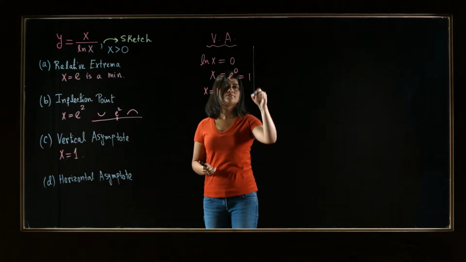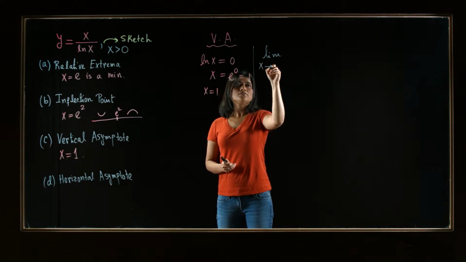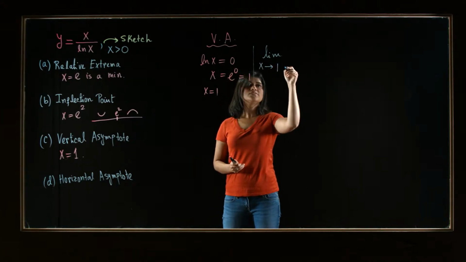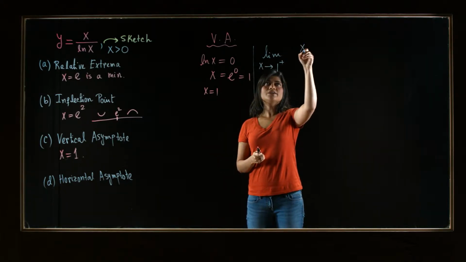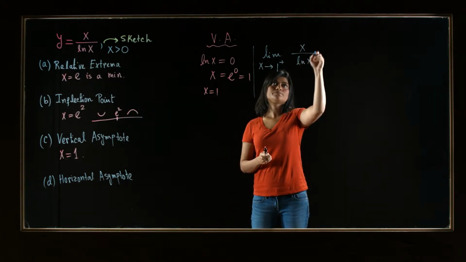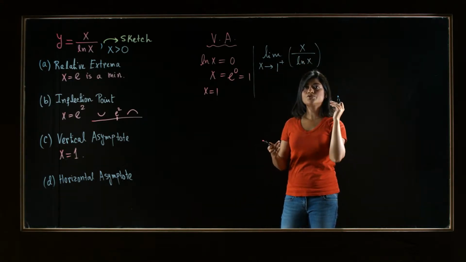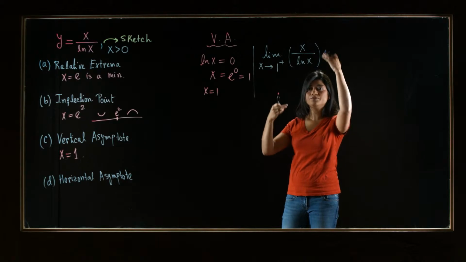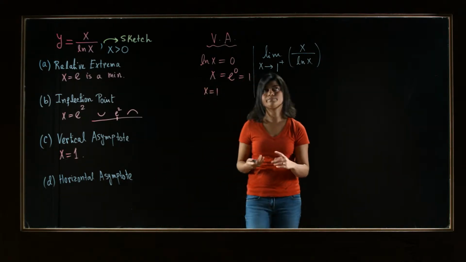So let's analyze that quickly. So x is approaching 1, say from the right side, of the function x over natural log of x. We know that the denominator will be going to 0, so this will be going to infinity or negative infinity. All we care about is the sign.